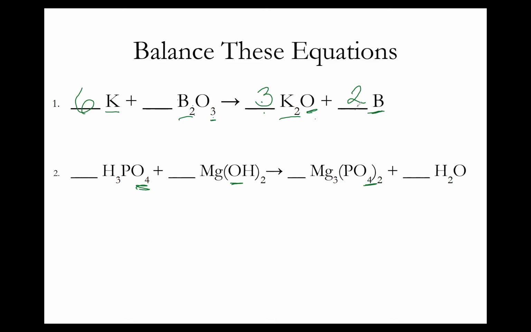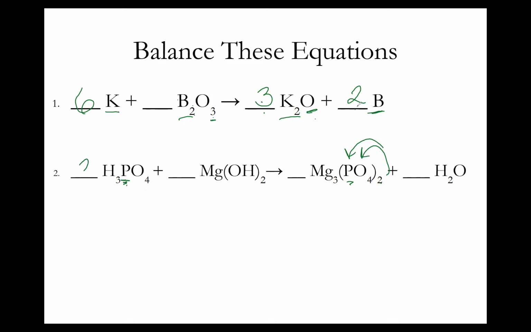So I'm going to look here, and I have 1 phosphorus here. Here, remember, this gets distributed inside the parentheses. So I have 2 times 1 is 2. On this side, I just have 1.